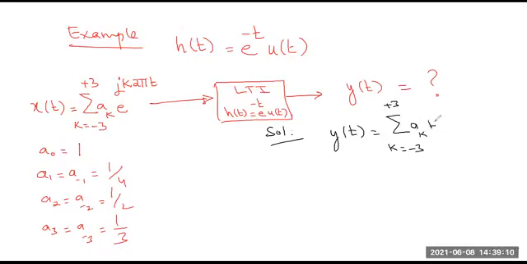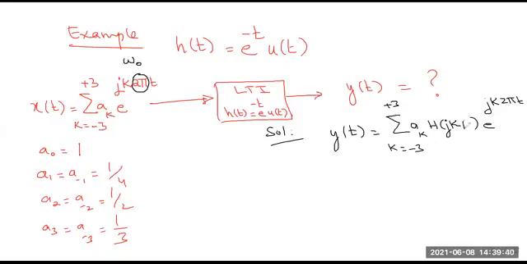a_k h of k omega naught e raised to power j k 2 pi t. Also, you can see that this 2 pi means that omega naught is equal to 2 pi. So for this particular example, omega naught is equal to 2 pi.